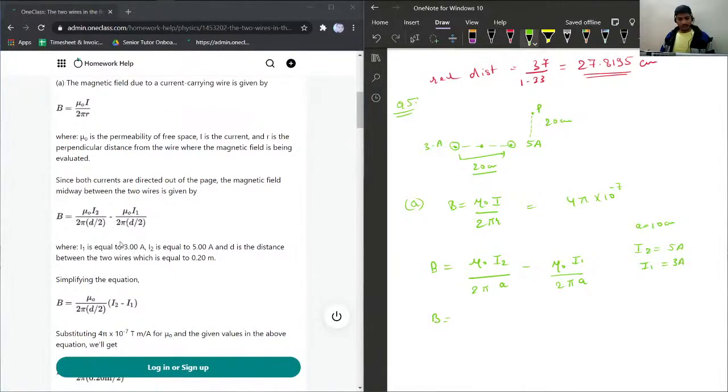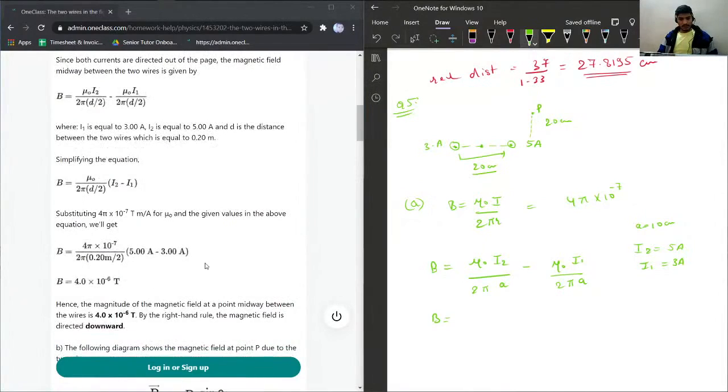I can plug in these values, and this 5 minus 3 will be 2, times pi times 4, divided by 2 times pi times 10 centimeter, which is 0.1 meter, and this will be into 10 power plus 7.